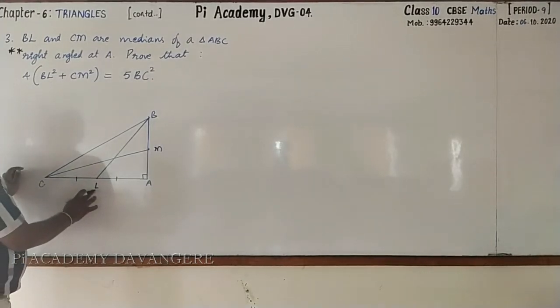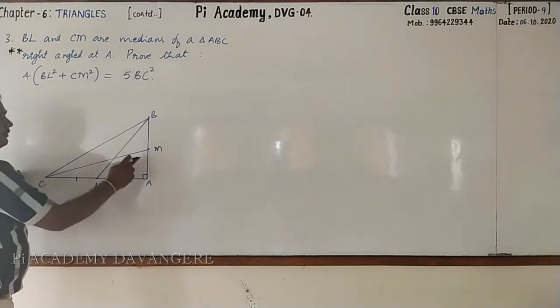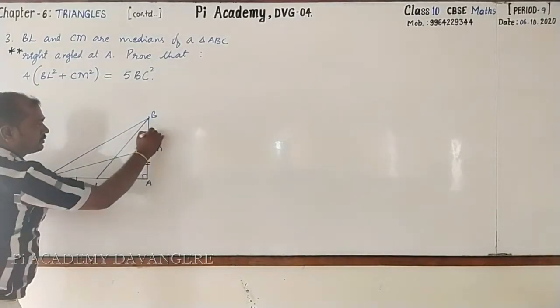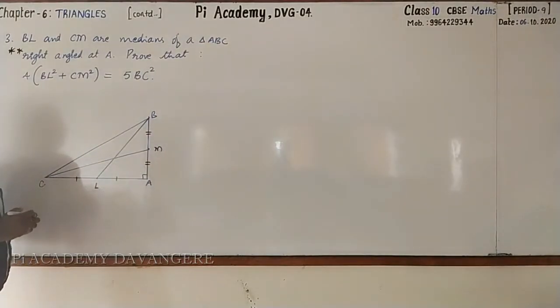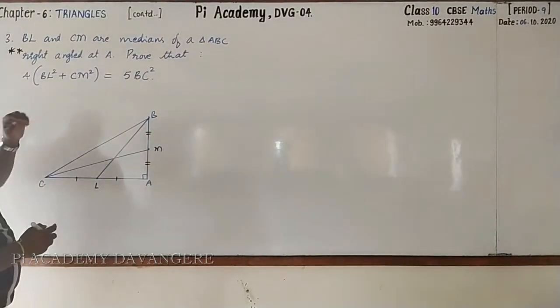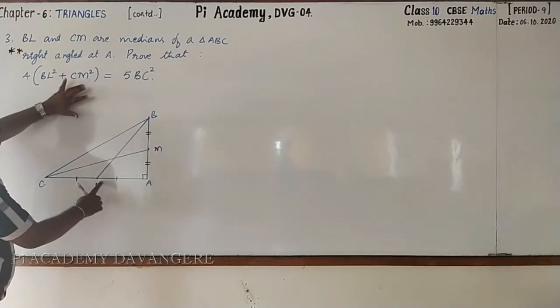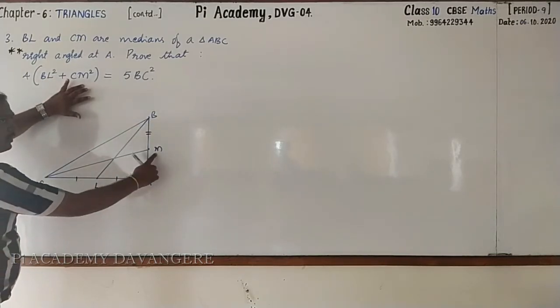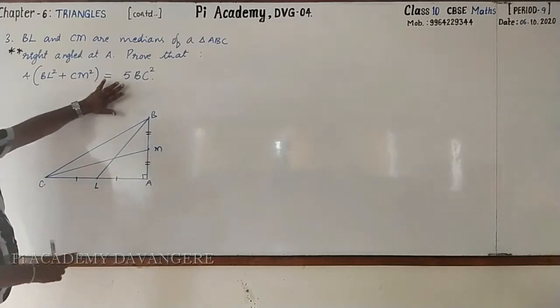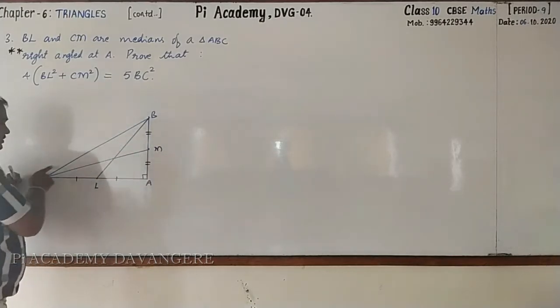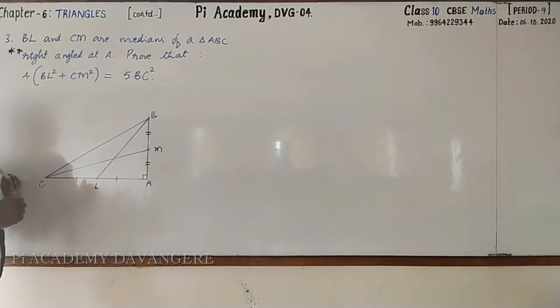Similarly, CM is the median. Hence, AM is equal to BM. And we have to prove that BL square plus CM square is equal to 5 BC square. Is it not simple?